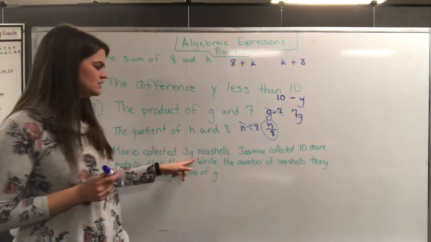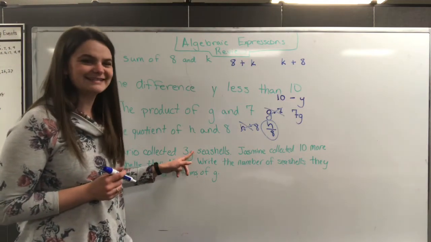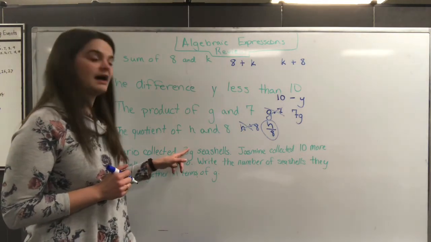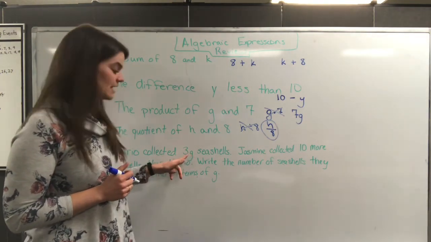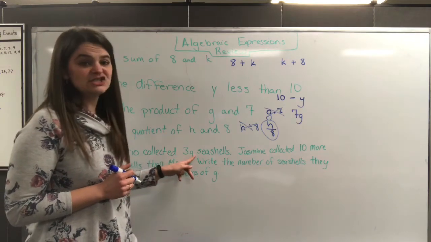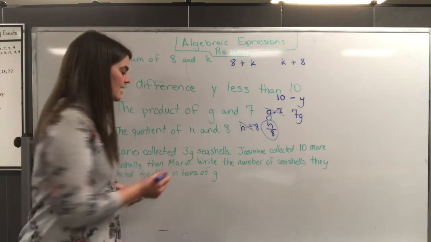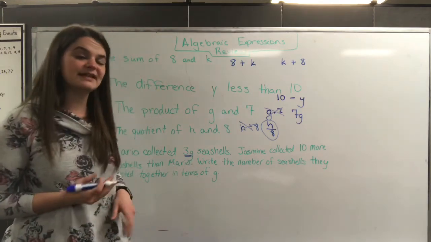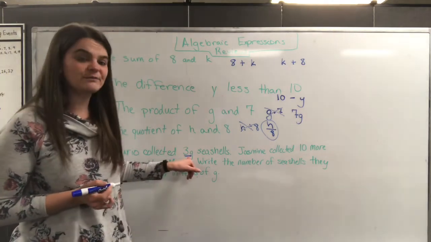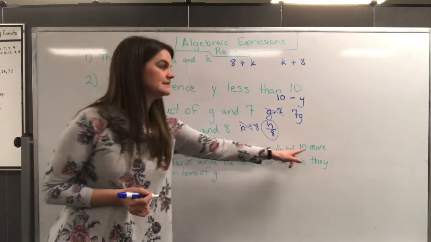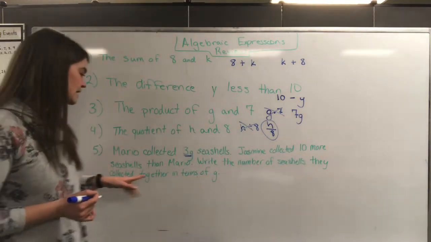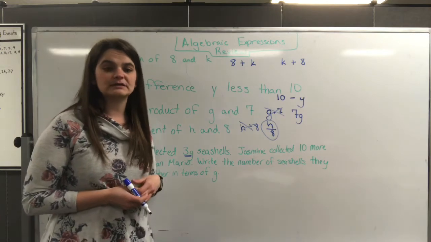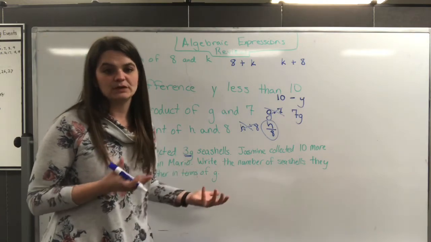So if it says 3g seashells, then what we really are saying is 3 groups of g seashells, right? 3 times g seashells. So we know Mario collected 3g seashells, and they already wrote that as a term for us. Jasmine collected 10 more seashells than Mario. So are we adding or subtracting to what Mario collected if we're counting them all together? Of course, we're adding.